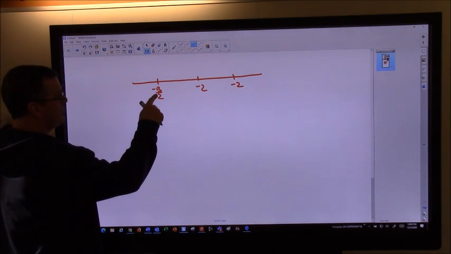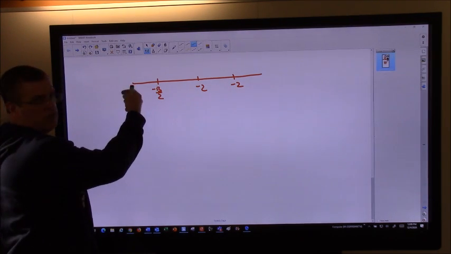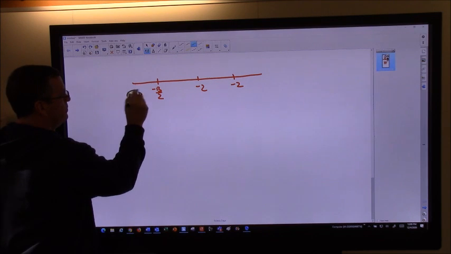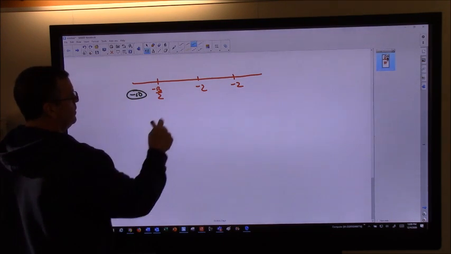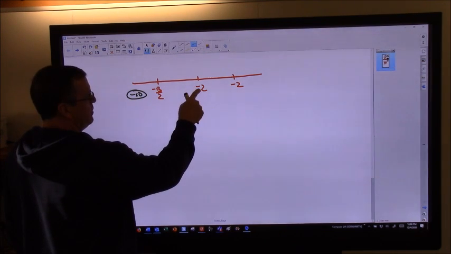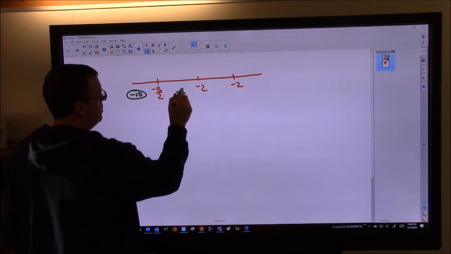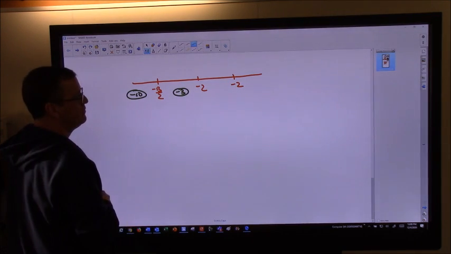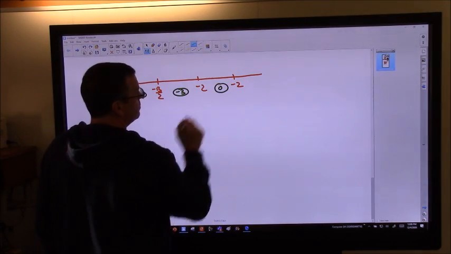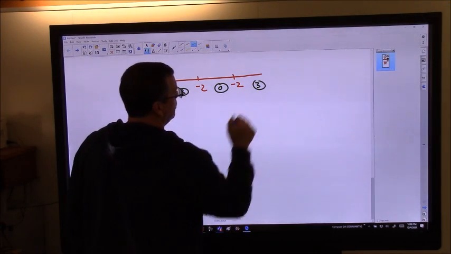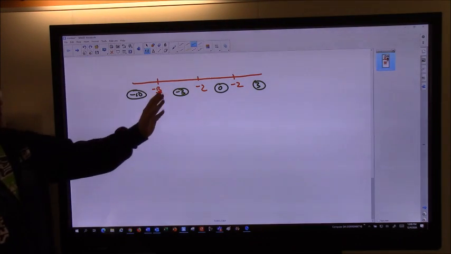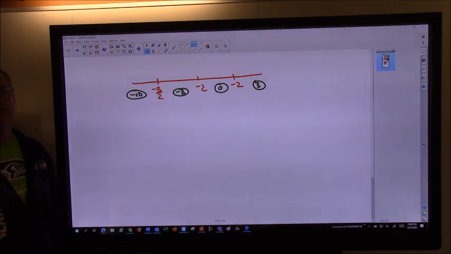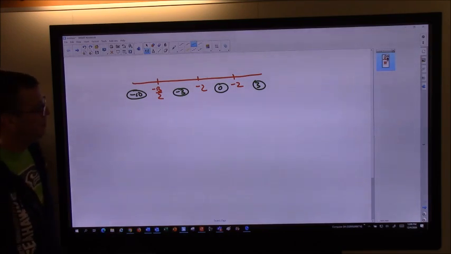Well, if that's a negative 6.5, let's just go negative 10. Okay? And something between negative 6.5 and negative 2, I'm going to make it as easy as possible, negative 3. Here I'll choose 0, and here I'll choose a positive 3. So I have 4 intervals here that I have to test to see what's happening with this function.